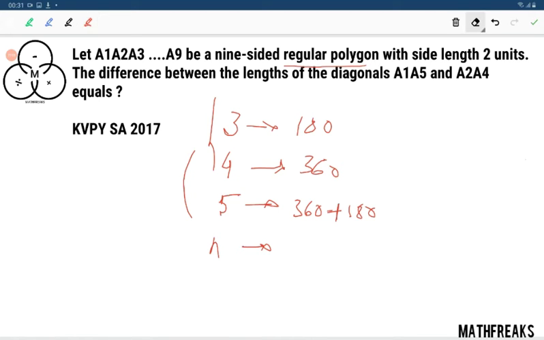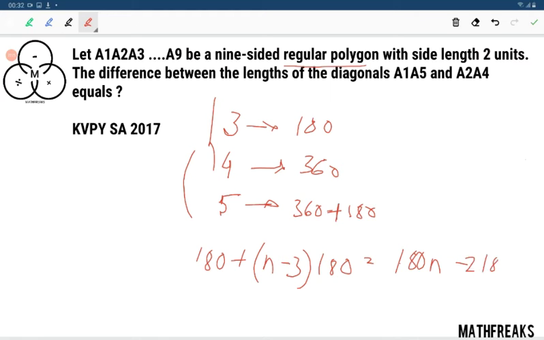Some would say that this will be 180 for 3 sides, and then you are having more than 3 sides, n minus 3 into 180, which can be simplified as (n minus 2) into 180. This is the sum of total interior angles.